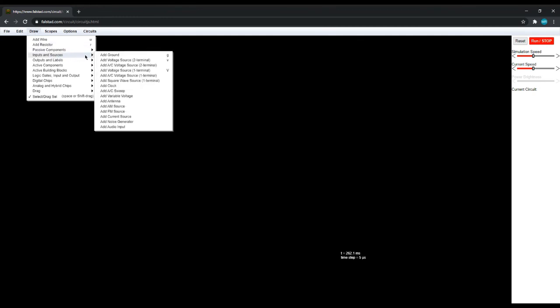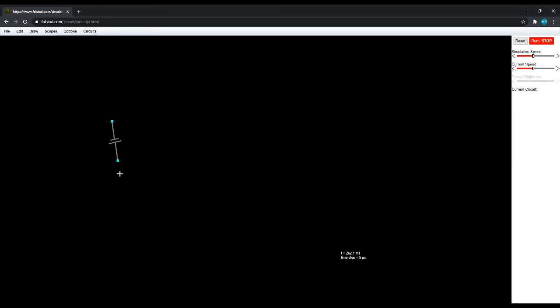So just like the Thevenin circuit, click draw, inputs and sources, and add voltage source two terminal. Same as the Thevenin circuit just now for tutorial 2.1.